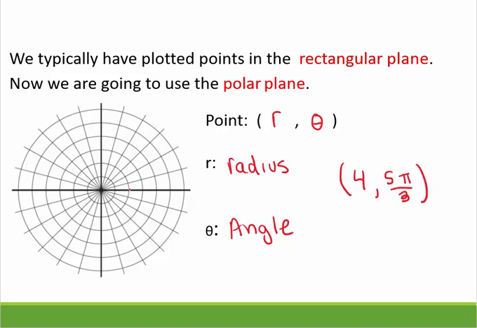You'd rotate to the angle of 5 pi over 3, which is this angle here, and you'd go out from the origin or the pole the amount of rings, 1, 2, 3, 4, of the radius. So it's kind of backwards of what we usually do. We graph this first, and we graph that second.